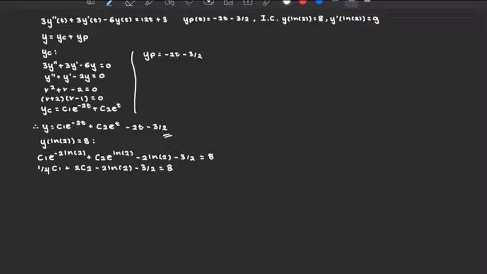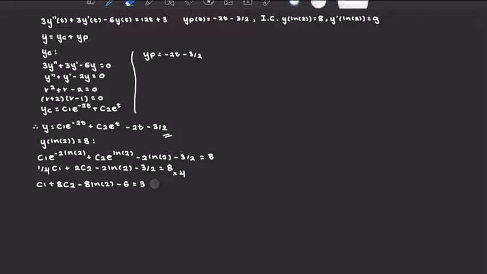And to make our life easier, let's multiply the whole equation here by 4, so we don't need to deal with fractions. So this is c1 plus 8c2 minus 8 ln2 minus 6 equals 32.